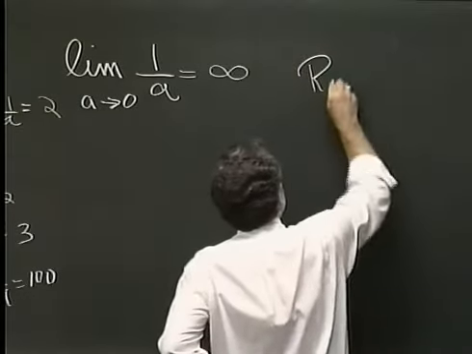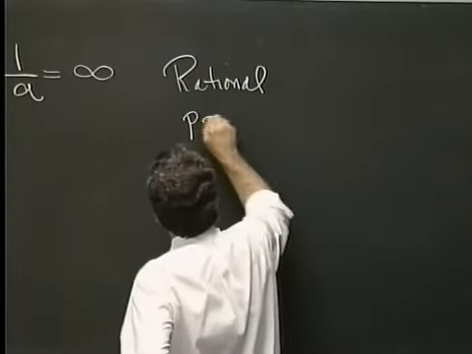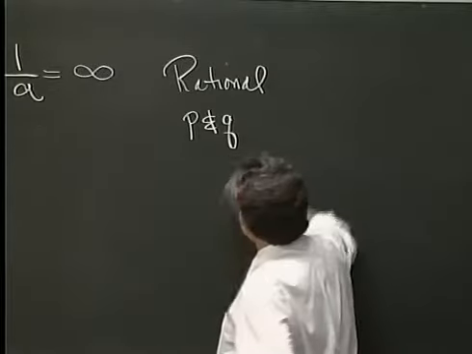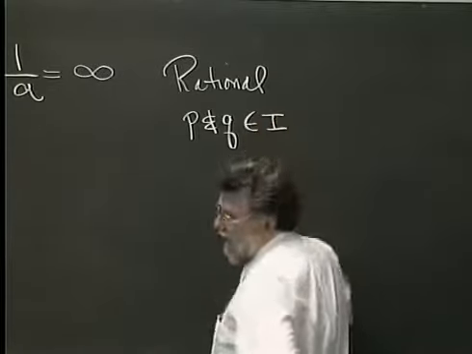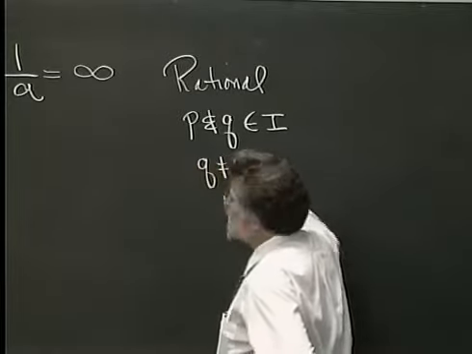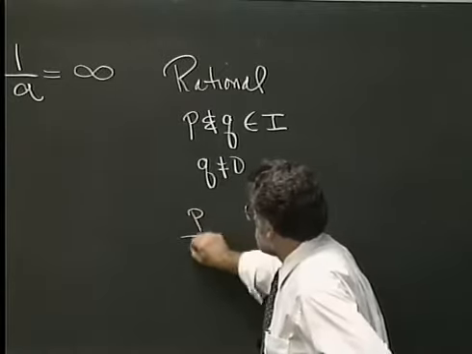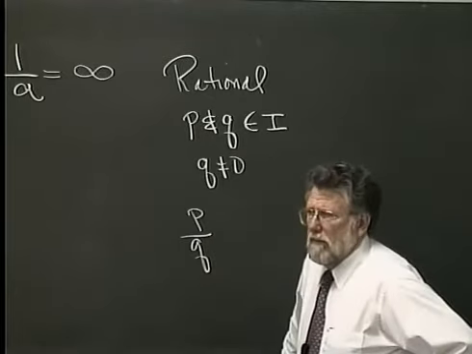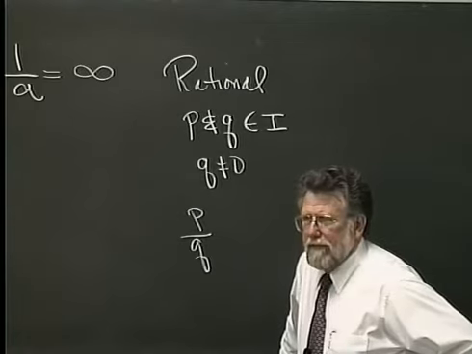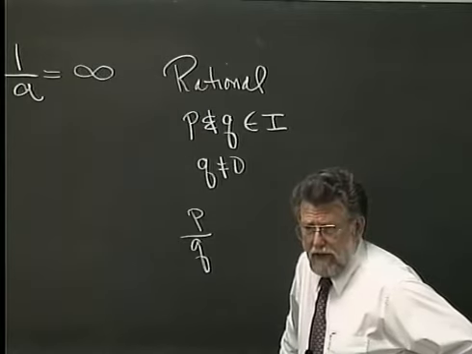If we have a rational, the argument is that p and q are going to be integers, big I for integers, and q not equal to 0, courtesy of Laura, and a rational number then would be p over q. Hence, knowing your p's and q's. p over q, rational number. q not equal to 0, p and q integers.